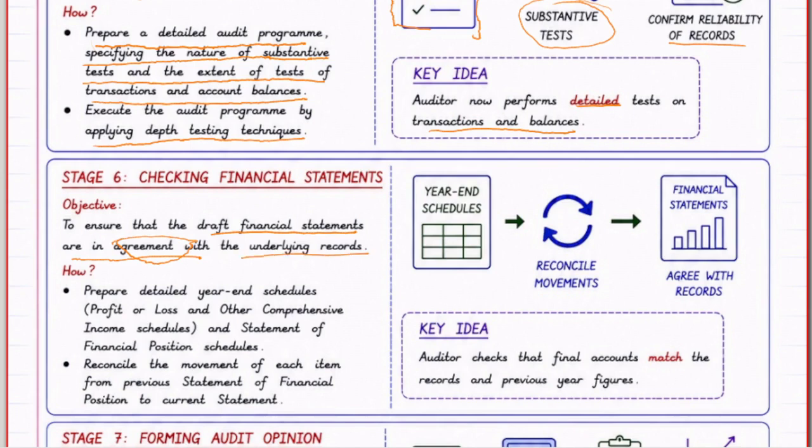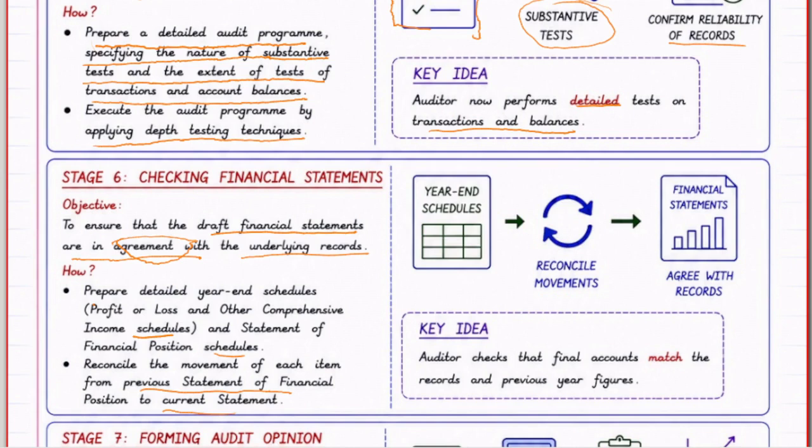And how is this achieved? Prepare detailed year-end schedules: profit or loss and other comprehensive income schedules and statement of financial position schedules. We are still coming to that. Reconcile the movement of each item from the previous statement of financial position to the current statement. All of these are the activities done in checking financial statements.